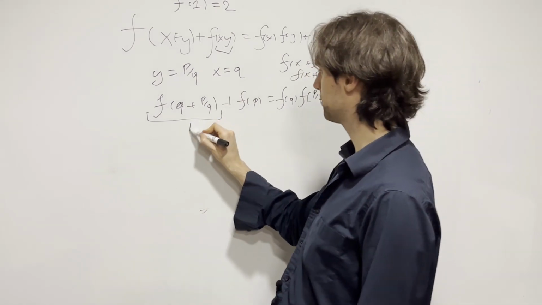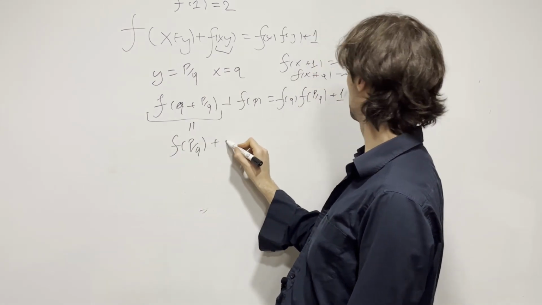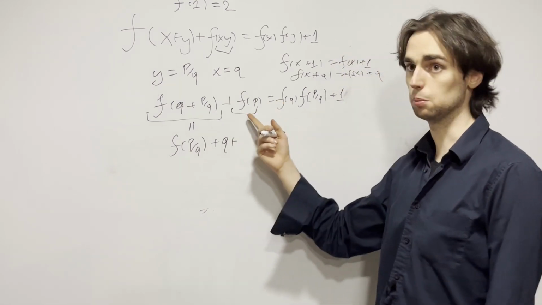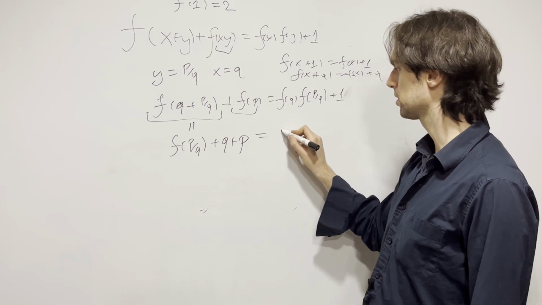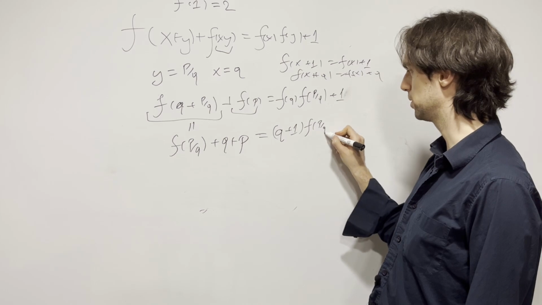We now have this thing equal to f of p over q plus q. And then we have f of p is p plus 1. Let's cancel the 1. We have q plus p is equal to q plus 1, f of p over q.